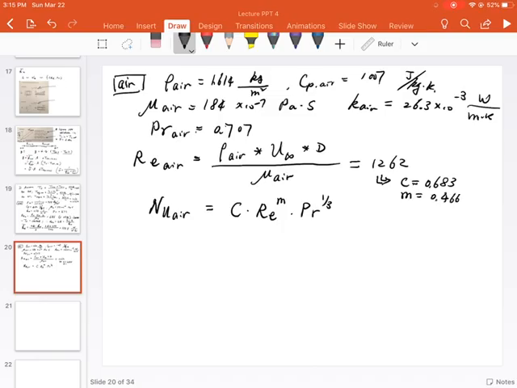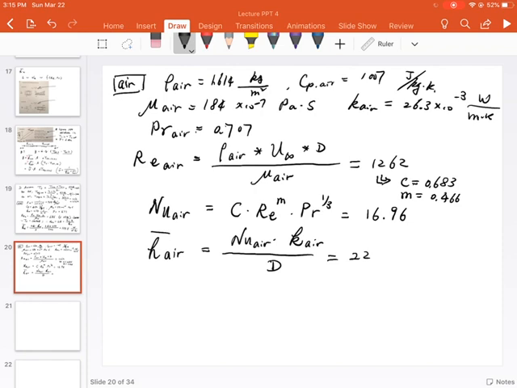Now you can use the Nusselt number definition to get the convection coefficient, 22.3. And from the outside, we can directly calculate the Q.